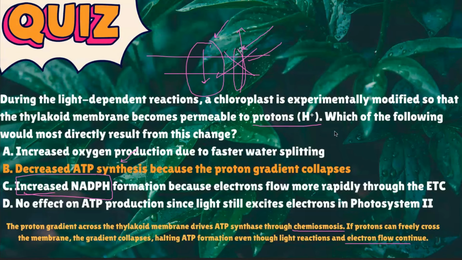In the light reaction, if it has increased NADPH, it's going to flow rapidly through the ETC. If you remember in that process, the NADPH production through the ETC is correct. However, it is before we're talking about pumping the protons. So while it's congruent information, it's not the best answer choice. And no effect would not be the scenario because we're changing something experimentally, which alters the ATP synthase.